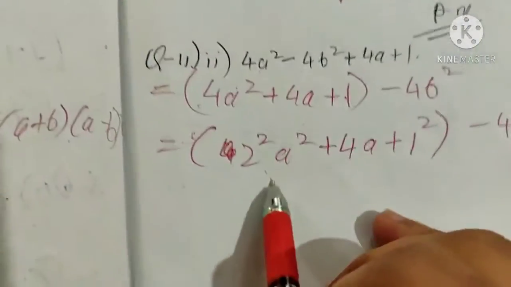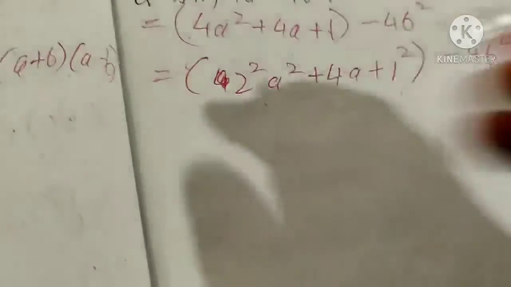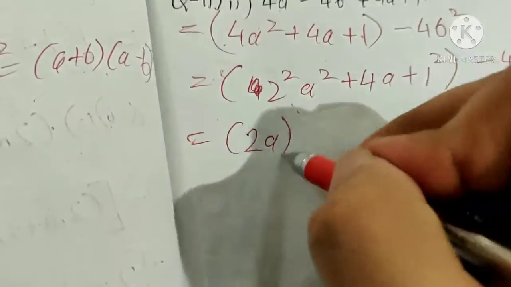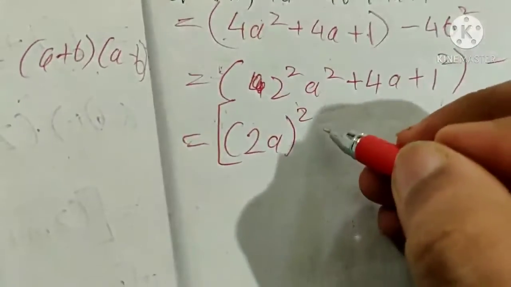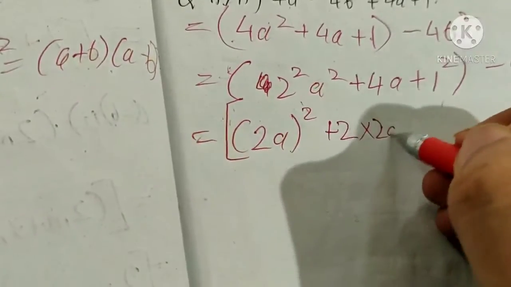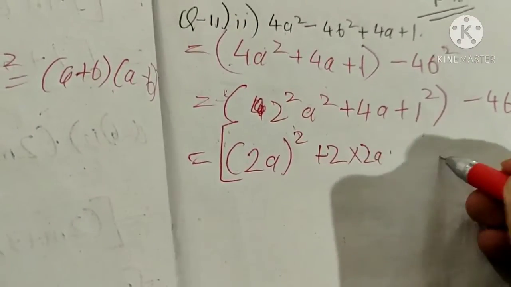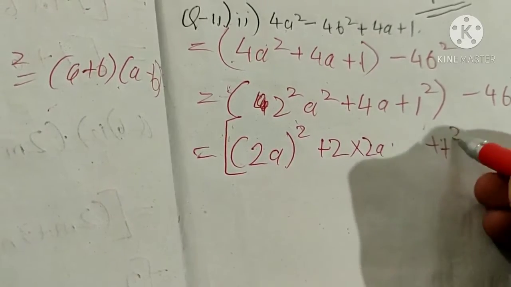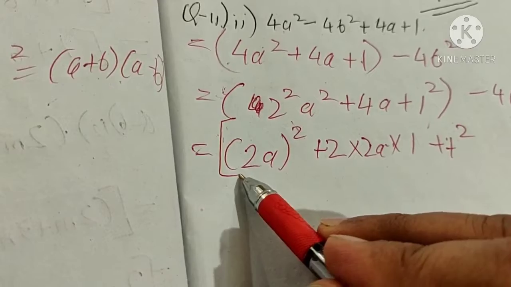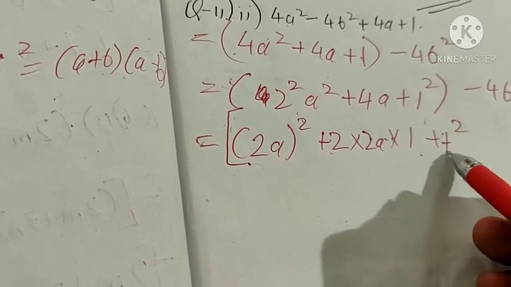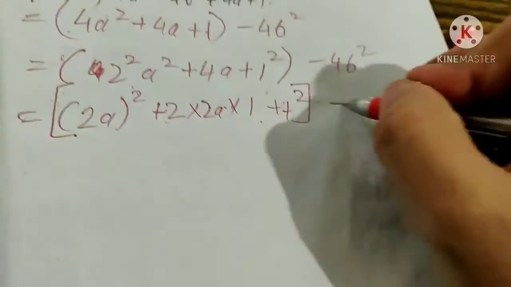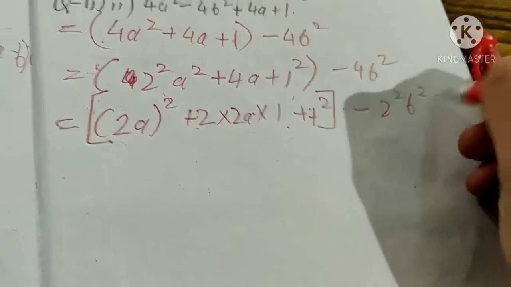If we see, first and last term are in whole square form. How? It is 2a to the power 2, and last term here is 1 to the power 2. So 2a square plus 2ab plus b square, it is written as 2 to the power 2 and b to the power 2.